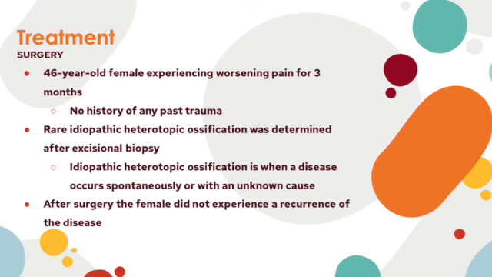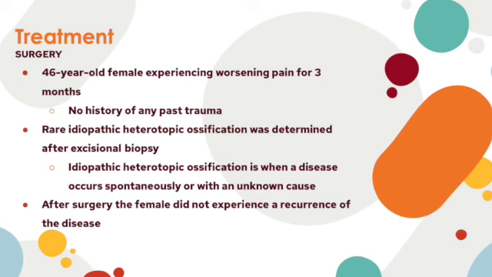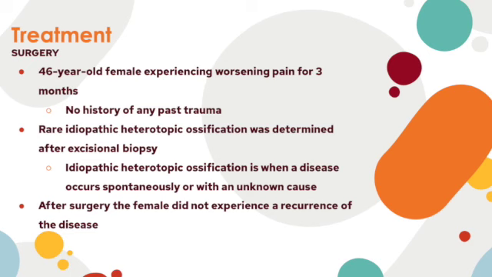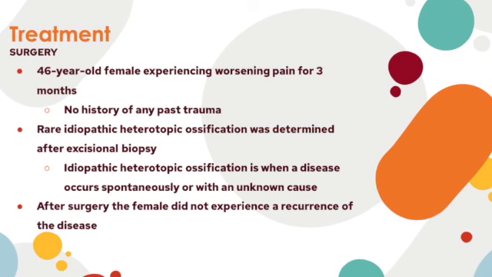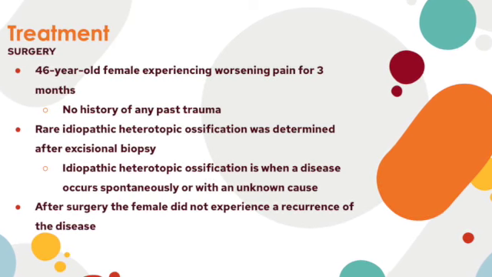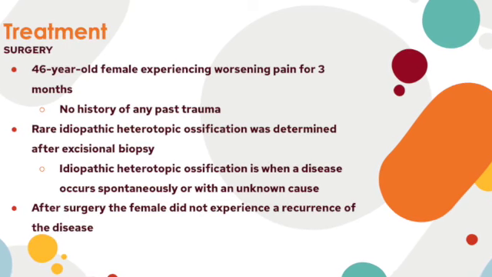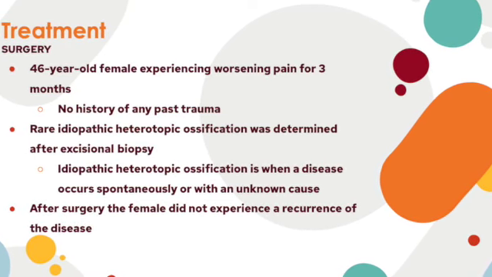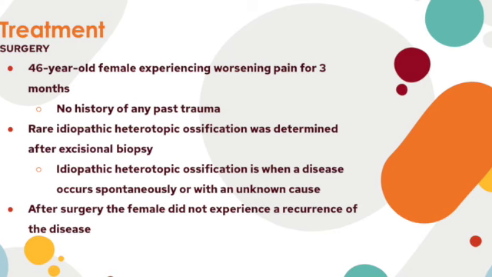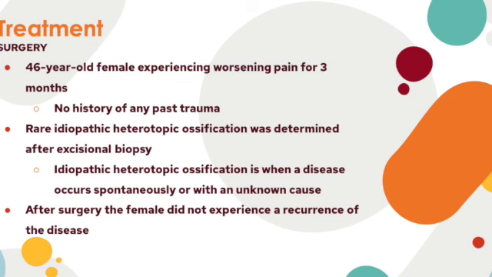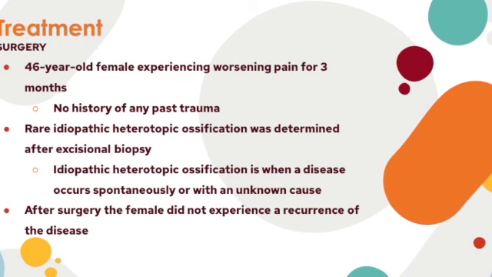After an excisional biopsy, it was revealed that there was heterotopic ossification present. However, there was no history of past trauma in the patient, which indicated idiopathic heterotopic ossification. The ectopic bone was removed once matured, which decreased the chances of reoccurrence, as well as damage to tissue surrounding the area. In addition to that, arthroscopy is quite a minimally invasive procedure, which could potentially pave the way for a shorter rehabilitation time.